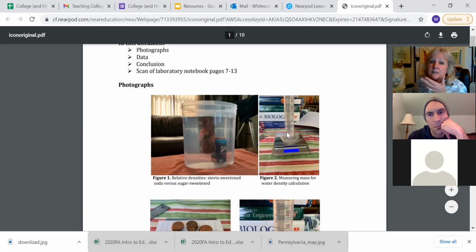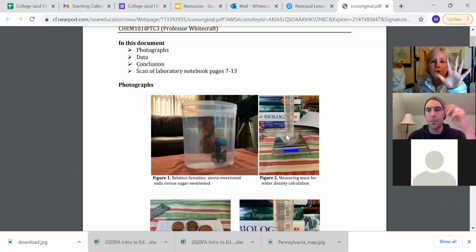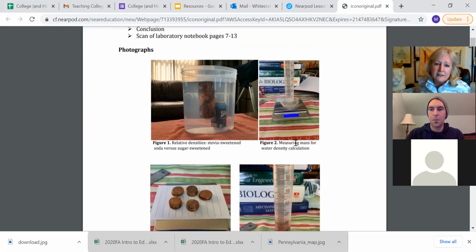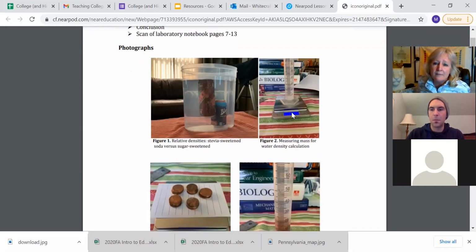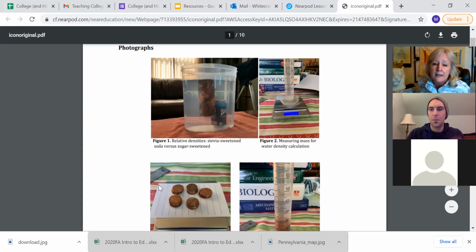So all of my students in their take-home labs had to either videotape it or take 5 photographs that represent what they were actually doing, not just of their equipment. Here they're determining the density of water in a very simple way. There's the balance that I've been using.